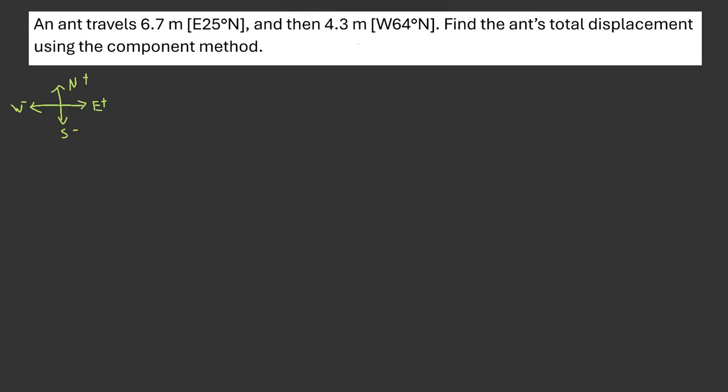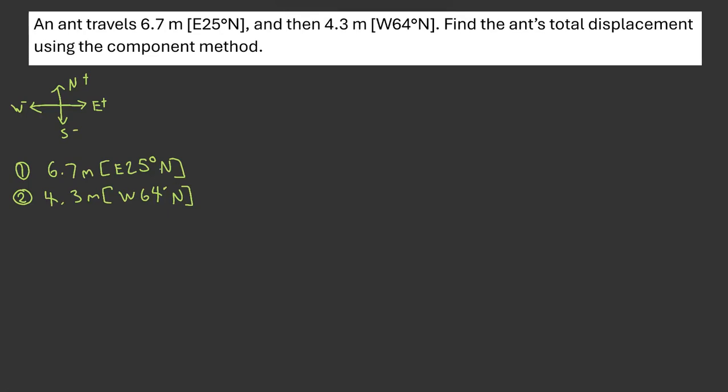So I'm also going to start by classifying my two vectors, right? I want to add these vectors, but I'm just going to classify here that vector 1 is 6.7 meters east, 25 degrees north, and my vector 2 here is 4.3 meters west, 64 degrees north.